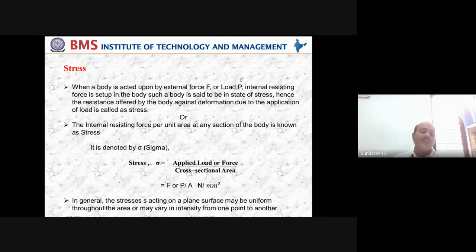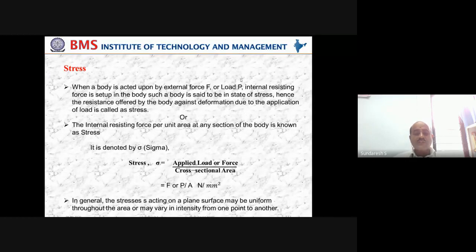When you want to calculate the stress, the calculation can be represented in the form of magnitude of stress or intensity of stress, or simply we call that stress. Okay. So stress can be mathematically expressed as the ratio of applied load or force to its cross-sectional area, right?